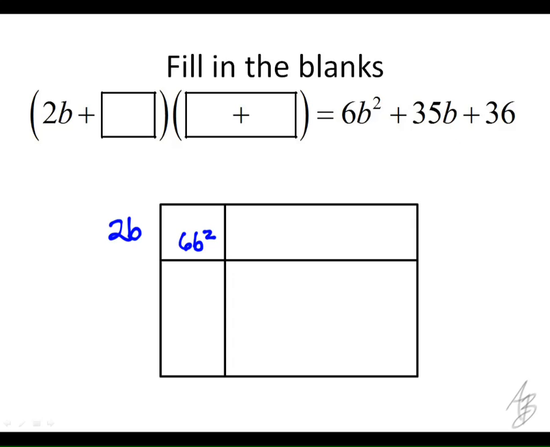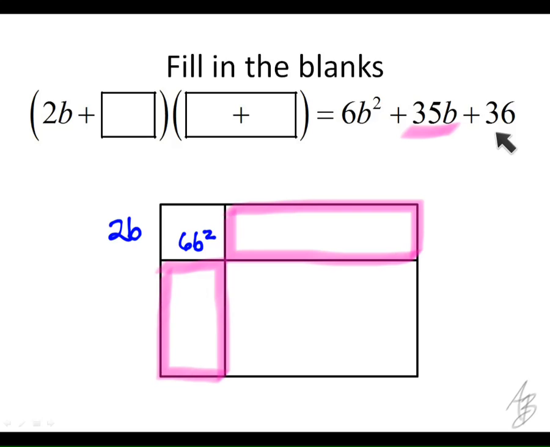It's bottom left and top right together, right? You guys remember that? So this is the one that we have to split up. So the 35B is going to be this rectangle here added together with this rectangle here. Those two rectangles are going to add up to 35B. We don't know what each one of them is by themselves. All right, and then the 36 is going to go where? That's going to go bottom right.